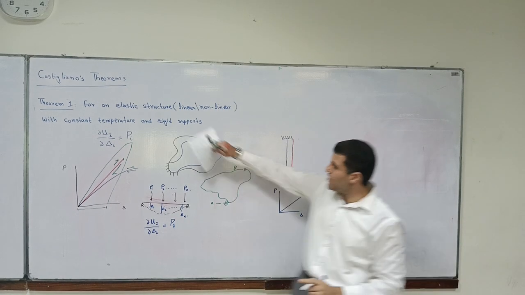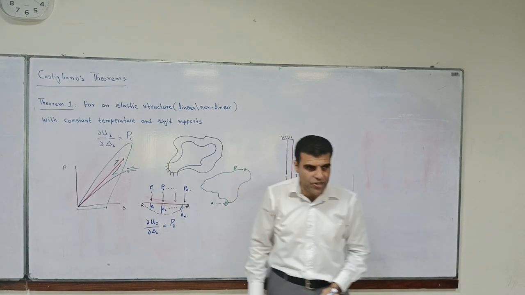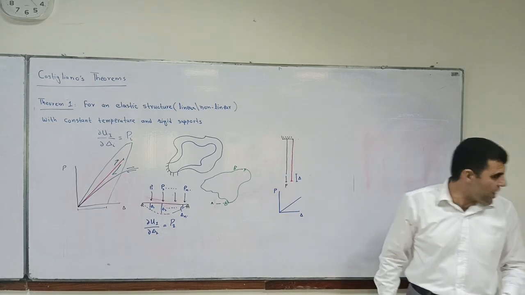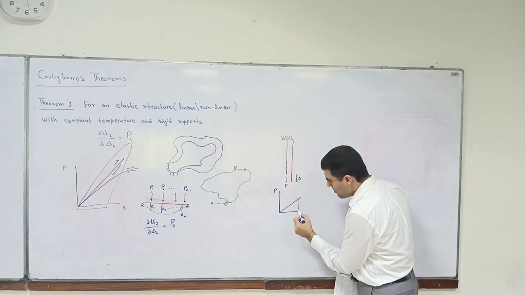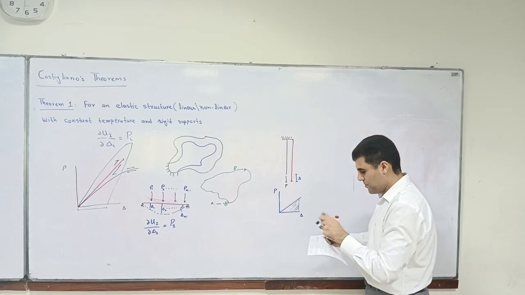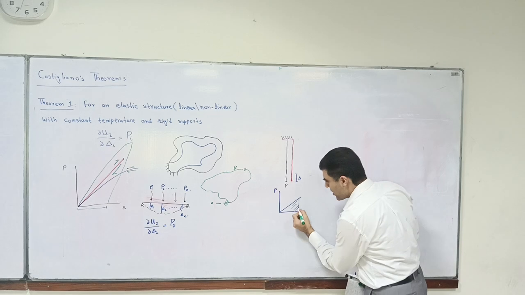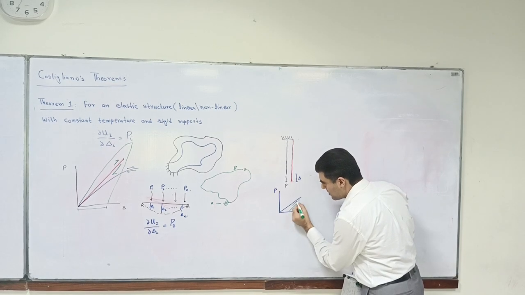Why? Because I told you that we are dealing with a linear elastic structure. So this will be a straight line. Internal energy is nothing else but the area under this curve. This is your internal energy.